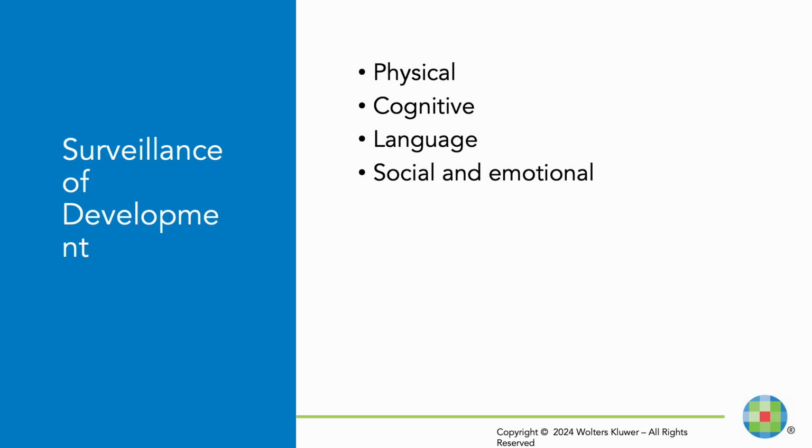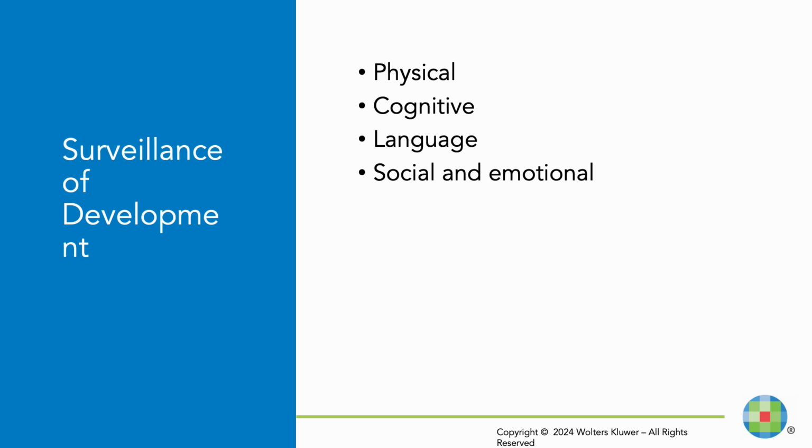What is their cognitive developmental state? Are they able to communicate appropriately for a child of average age? How's their language? Are they able to communicate with you? Are they able to not only understand cognitively, but also verbalize things back?